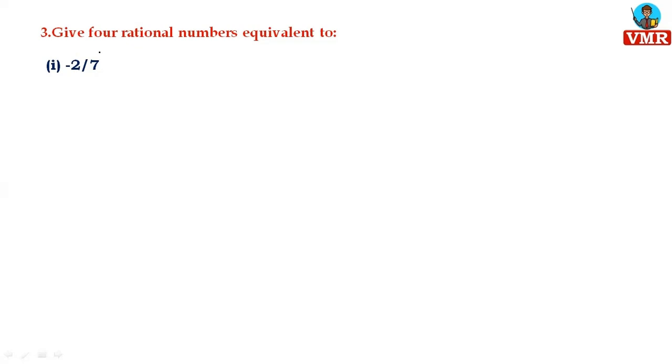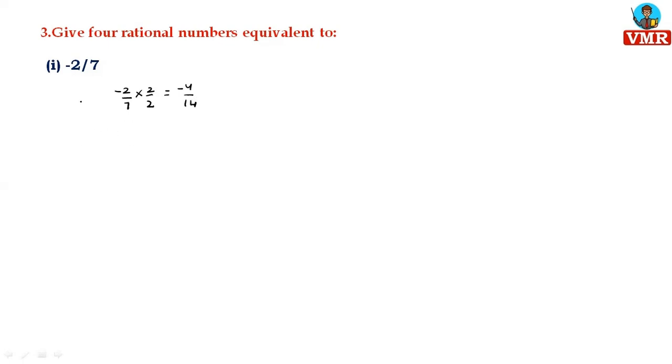Now we will see the answer here. For minus 2 by 7, if we multiply and divide with the same number, we will get a number that is equivalent to this number. Minus 4 by 14 we will get. This is one equivalent number.